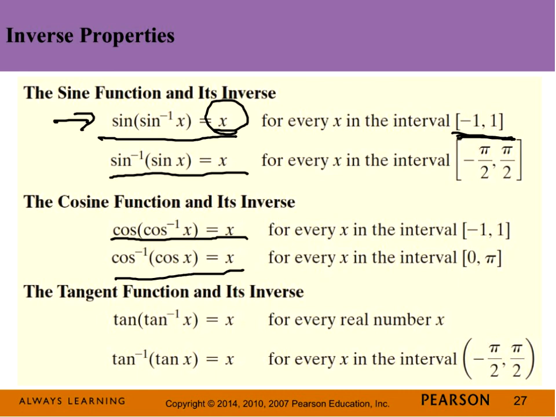So basically this first one says when I'm taking the sine of the sine inverse of x, that just leaves me with x. And notice you have to state that it's in that restricted interval. So I'm not going to go through and read all these to you because they always come out to x.